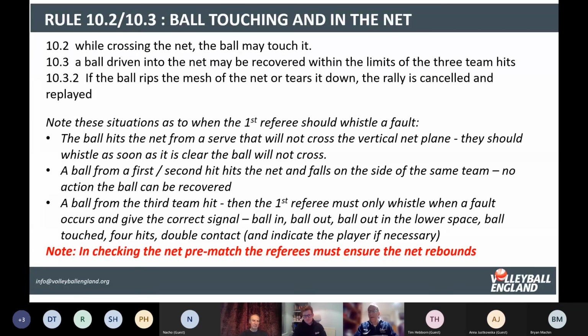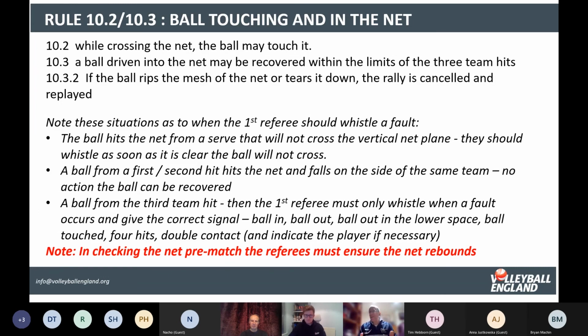So therefore it will be out, but having passed through the lower space. If you test the net for how it rebounds beforehand, and get it relatively tight, then the players know that if the ball goes into the net, they have plenty of opportunity to play it.